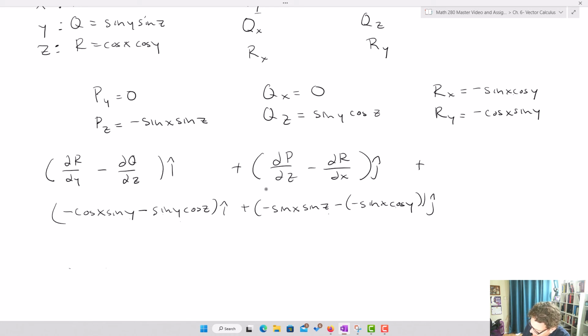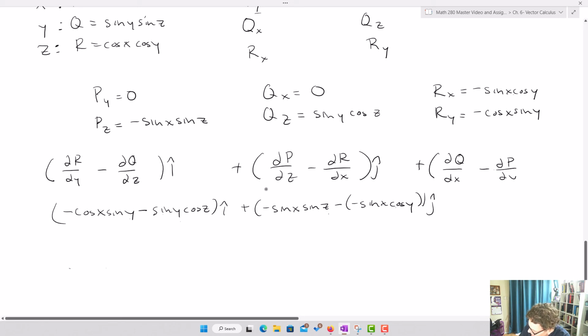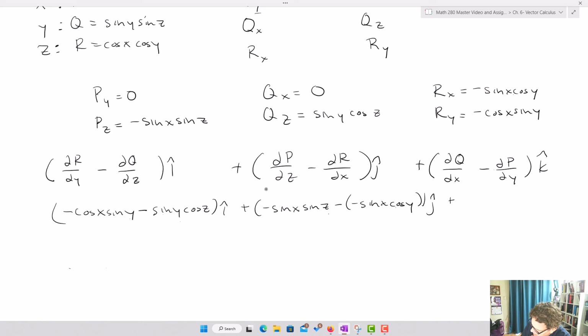And then finally our kth term is going to be Qx minus Py, and that's our kth term. That's plus Qx, which is 0, minus Py, which is 0, k.